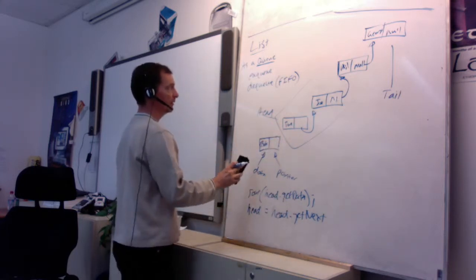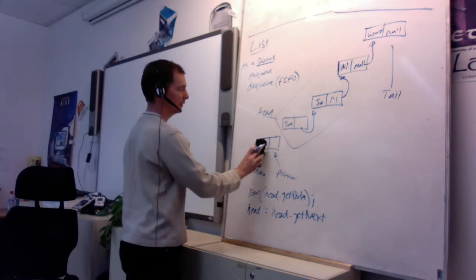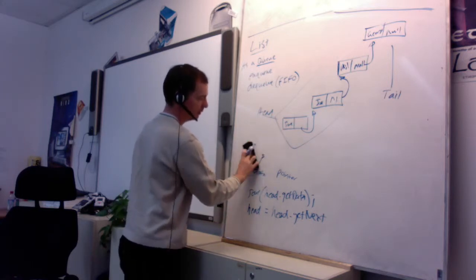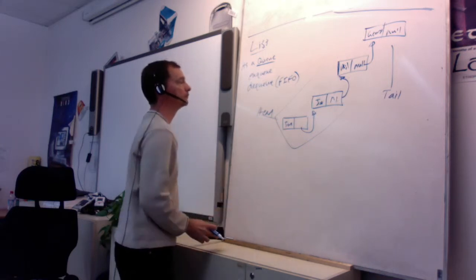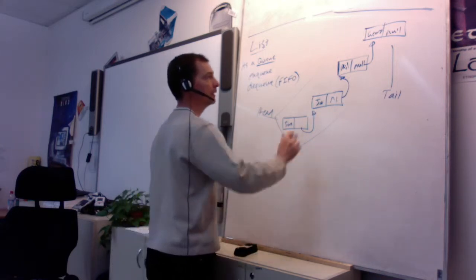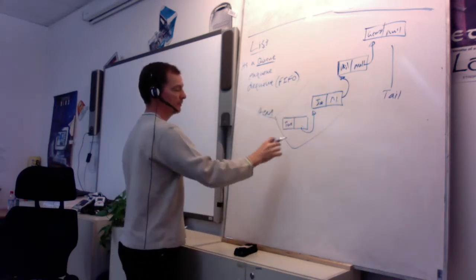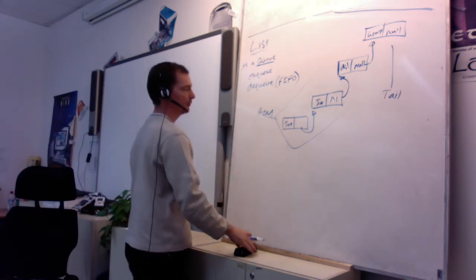So there you go. We have dequeued Bob from the list, or from the queue. So enqueue, adding to the end, dequeue, just basically using the data and switching what the head was.